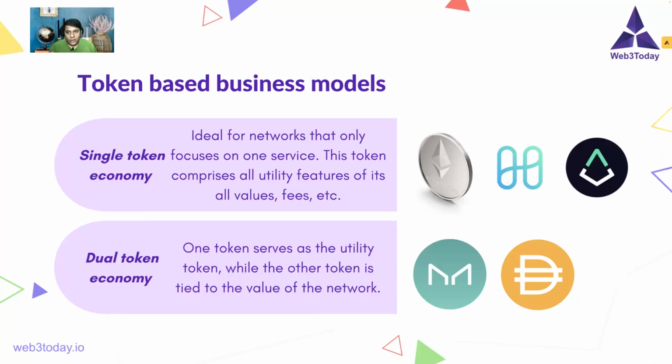Let's look at the token-based business model. Again, token-based business models are essentially of two types. One is single token economy and the other is dual token economy. As the terminology suggests, single token economies are ideal for networks that focus on one service, for example Ethereum, or for example Polygon Matic.